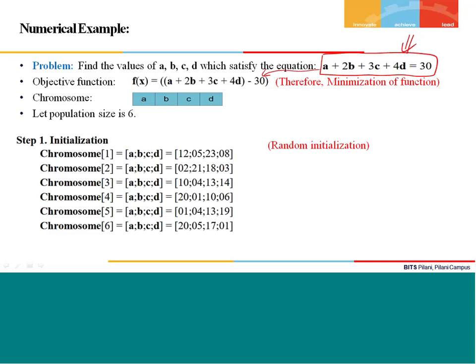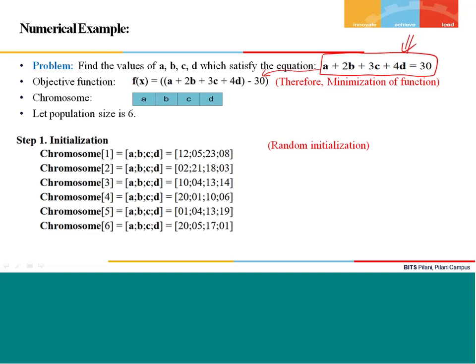So let's say that a, b, c, d can take only values greater than or equal to 1. This is what I have considered for my problem, that my a, b, c, d can take a value from 1 to 30.